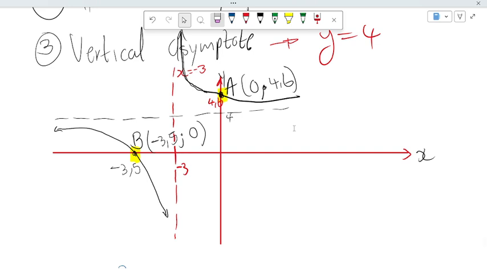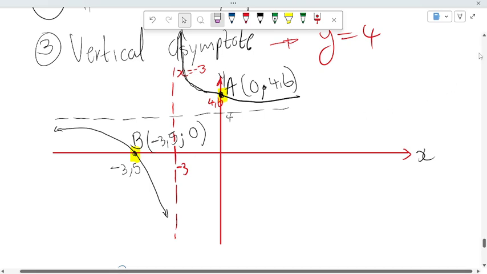Let's look at, I think for now let's stop here.